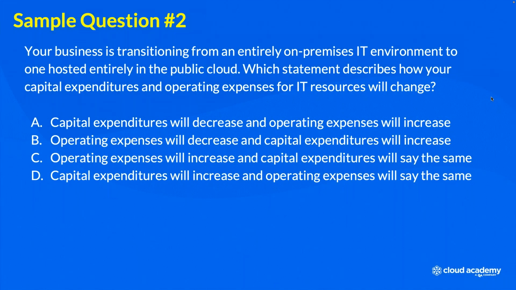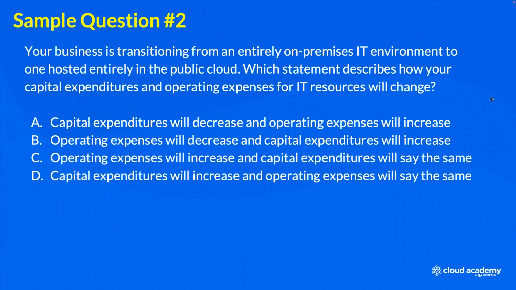Now, these are basically just variations, right? So the question is, first of all, do capital expenditures increase, decrease, or stay the same? One of the key things you need to know about using a public cloud is that your capital expenditures should decrease because you pay for cloud resources in a different way from how you pay for resources in your on-premises environment.